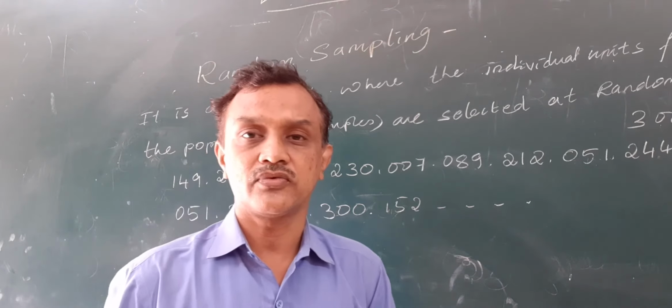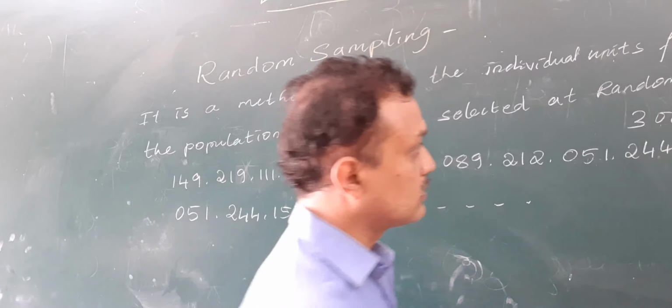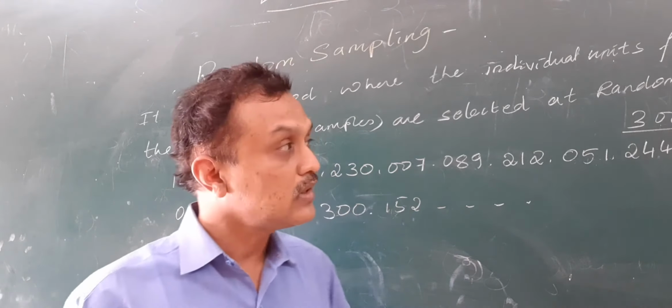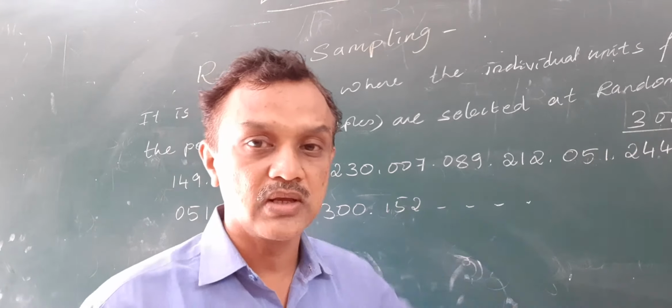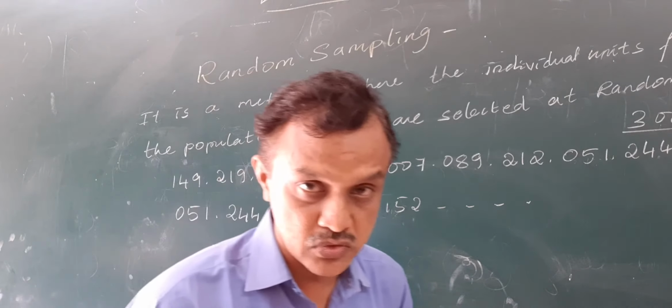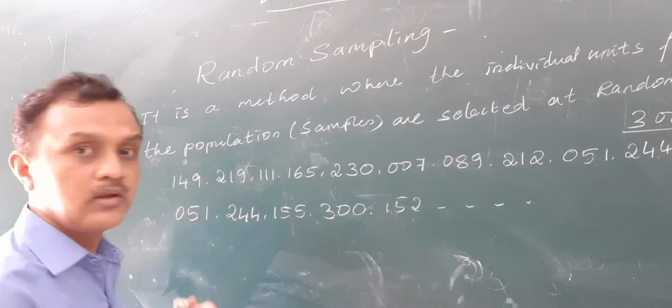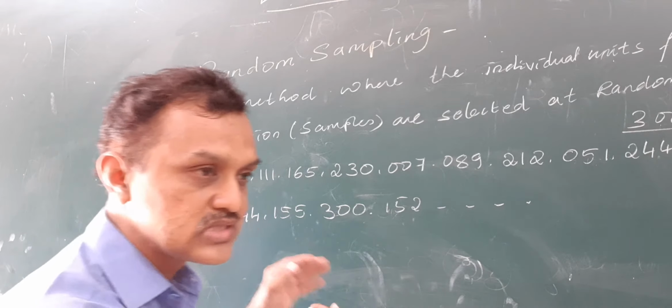For example, if the government wants to know the impact of a rise in the price of petrol, then assume the government selects 300 households. How many households? The government selects 300 households in order to know the impact. Then it can select the households in a random manner, not necessarily according to the serial number.